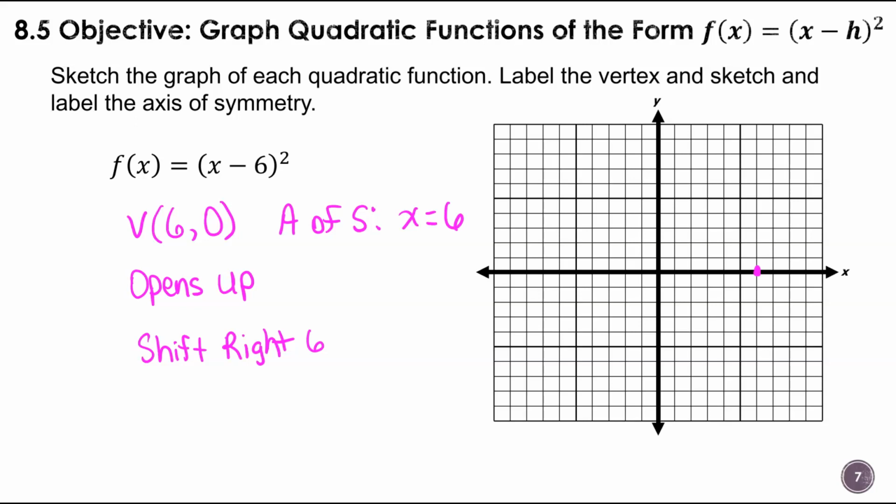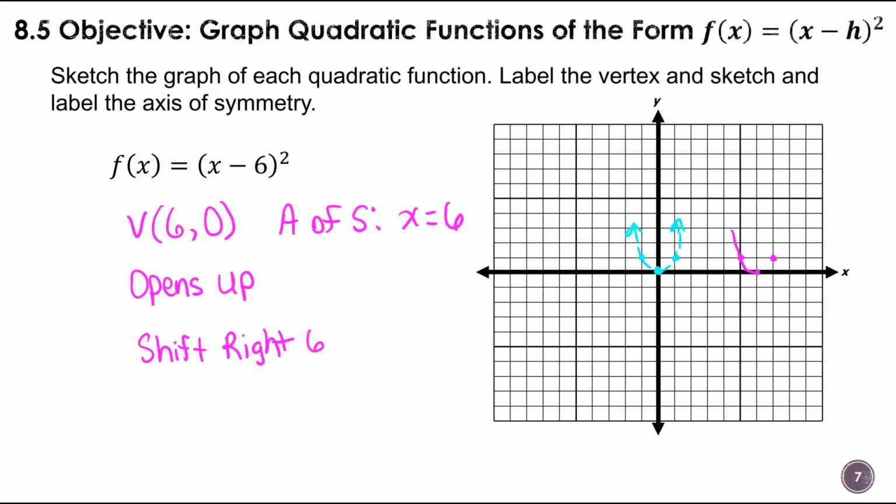Now I'm hoping that you're picking up on how we've been graphing this by just using the shift, and you don't even really then have to worry about finding any other ordered pairs. Because if we count 6 to the right, we're going to be here, right? This was at 6, 0, so now we're at 7, 1, and we're also at 5, 1.